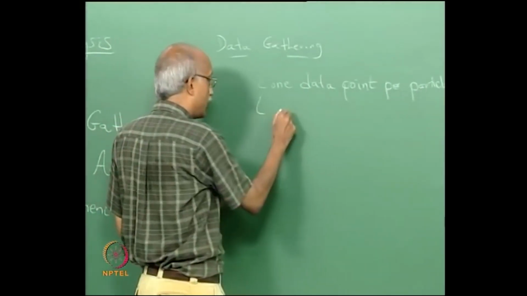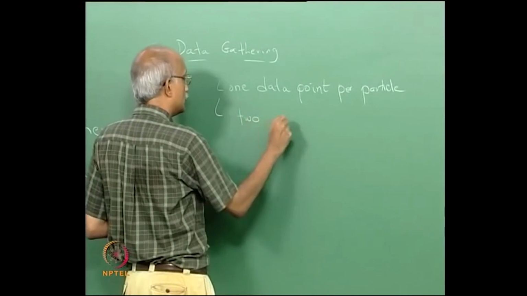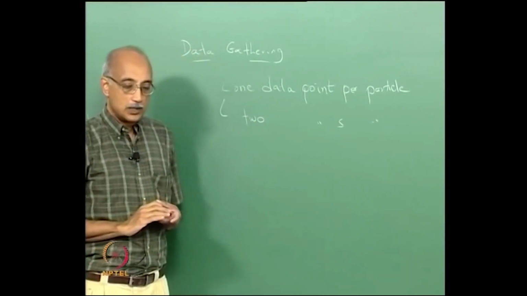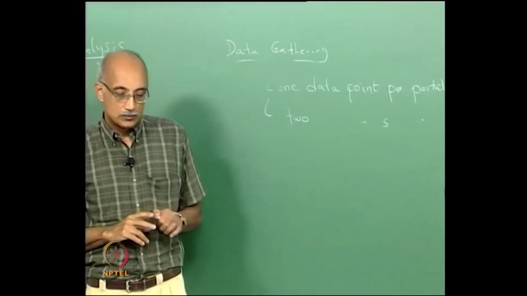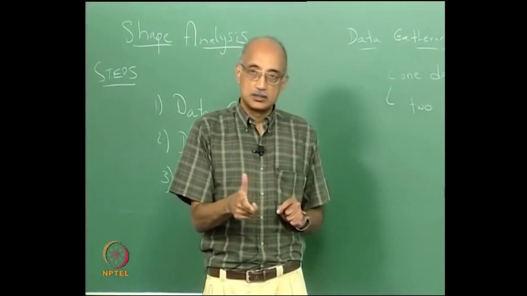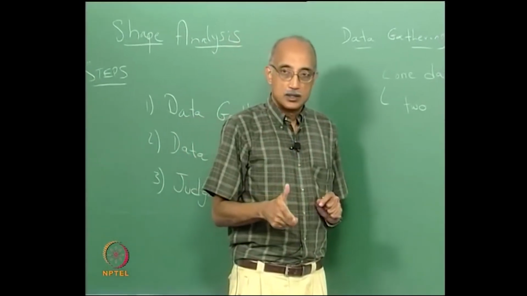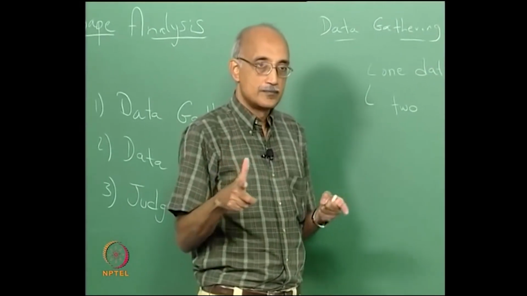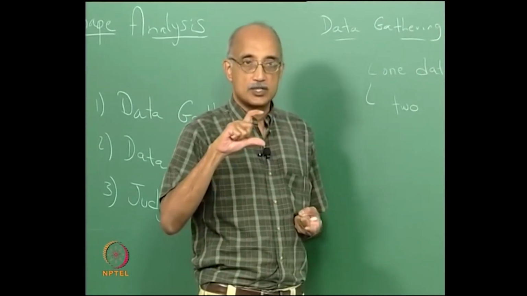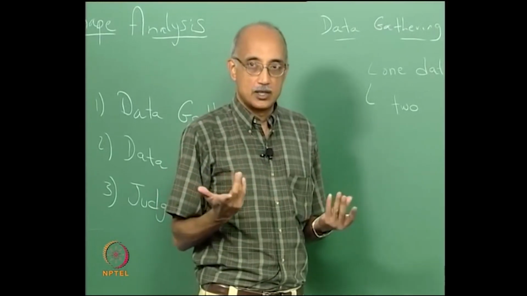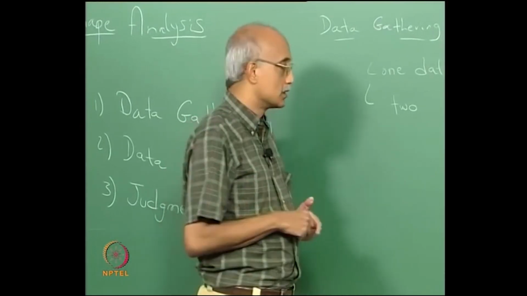Or more commonly, it could be 2 data points per particle. For example, you could choose to find the largest dimension and then another dimension that is perpendicular to it, represent the largest dimension or the longest dimension as L, and represent the transverse dimension as B, and take the ratio of L over B as an elongation ratio, for example.